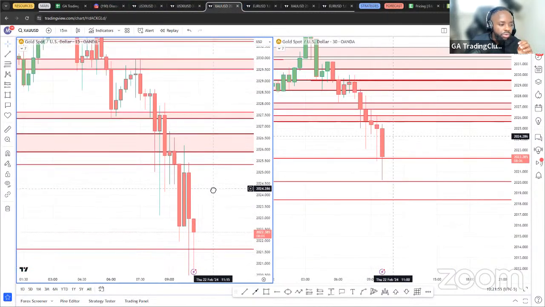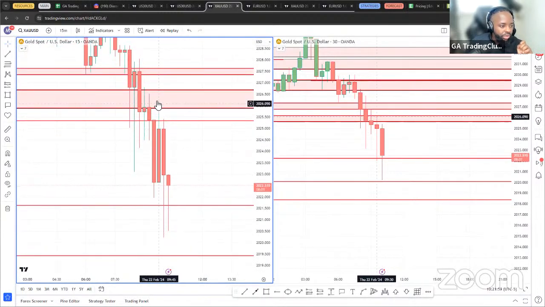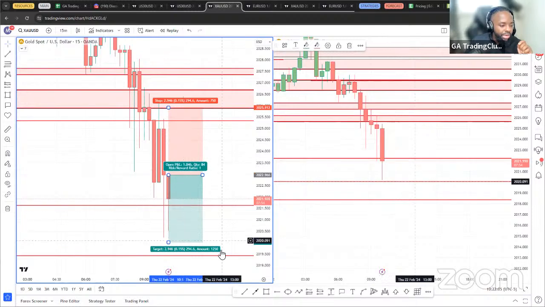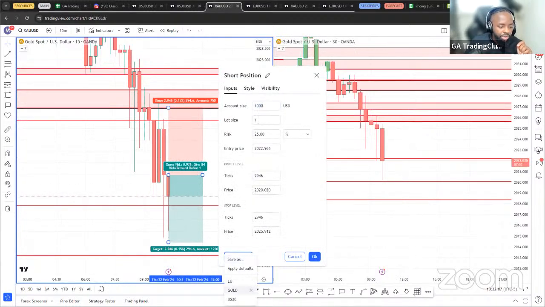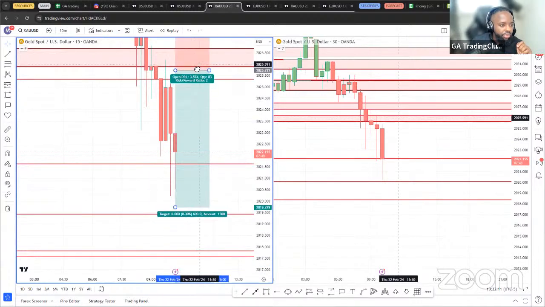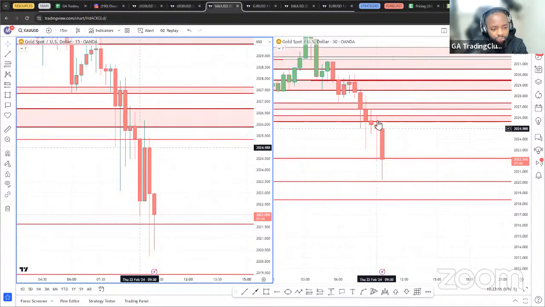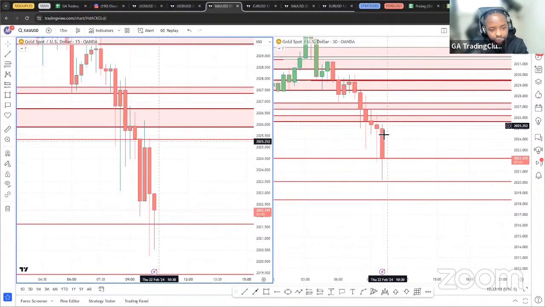For gold, this was a test and rejection entry right here. Price was overextended, so the entry was validated down here, but it was overextended. I wouldn't have taken it because the SAR level we are trading is up here, so that's not even a trade I would have taken. We have a current possible test and rejection forming.